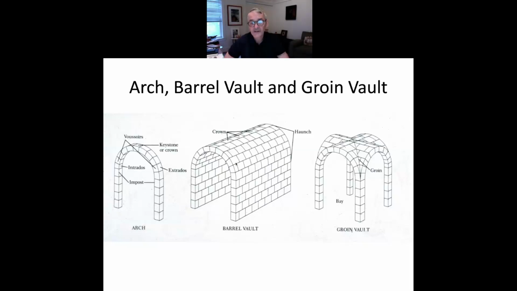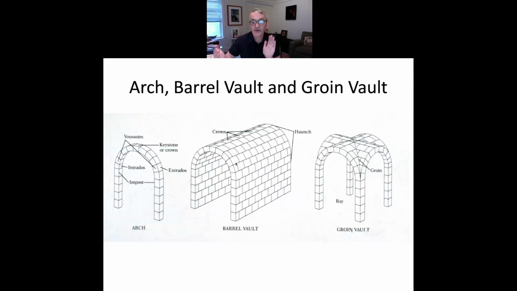And a barrel vault, as an engineering solution, looks a lot like a series of arches. It's not really just a bunch of arches sitting against each other, because you see the way the stones are offset, but it really is a really long arch.